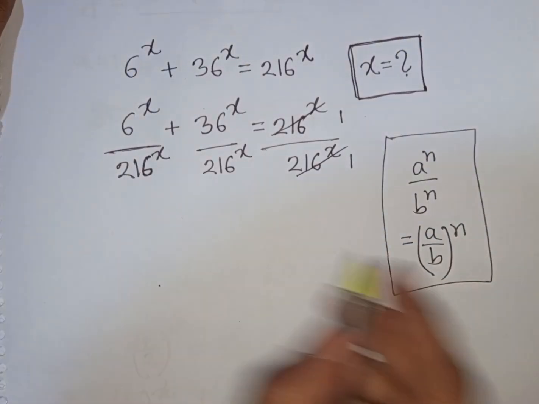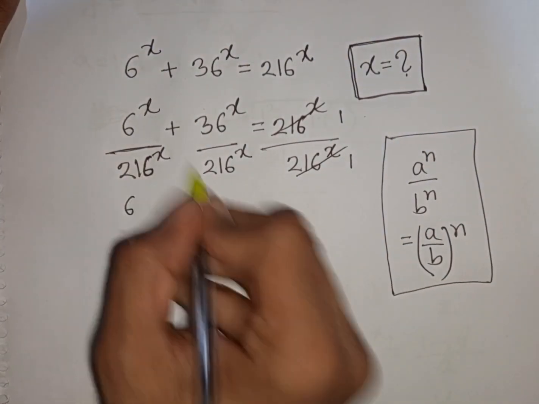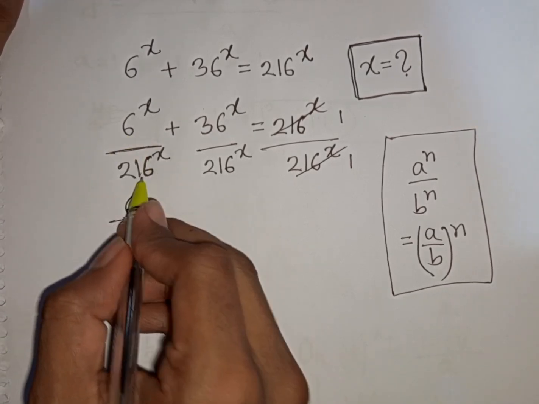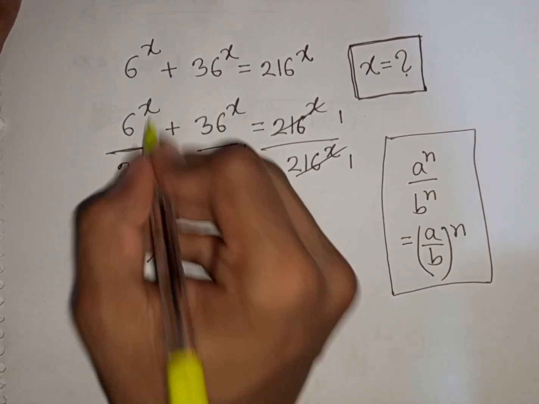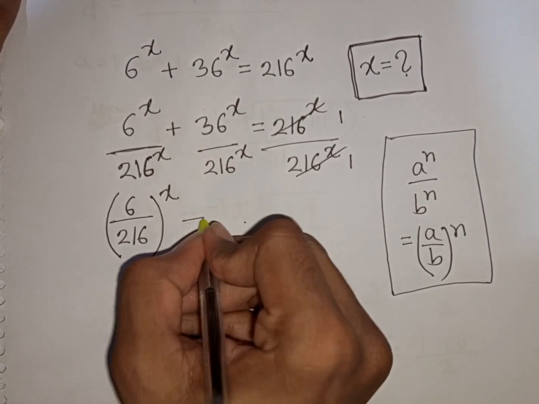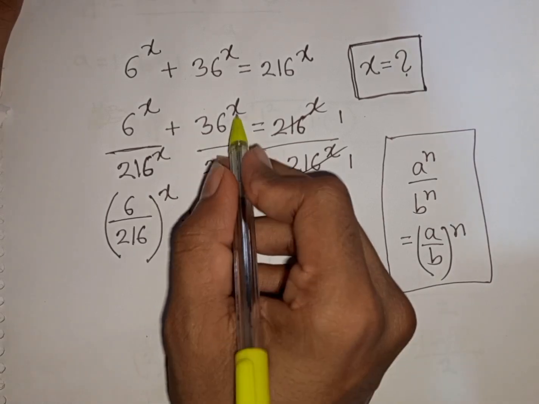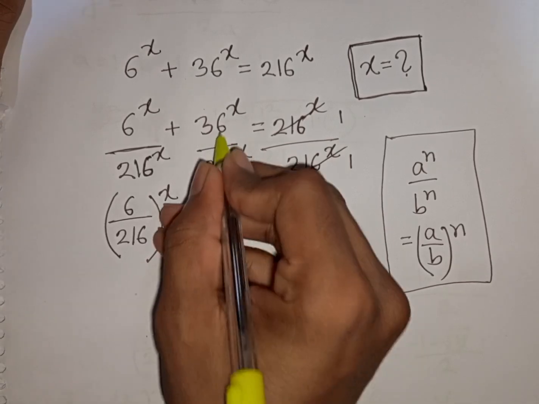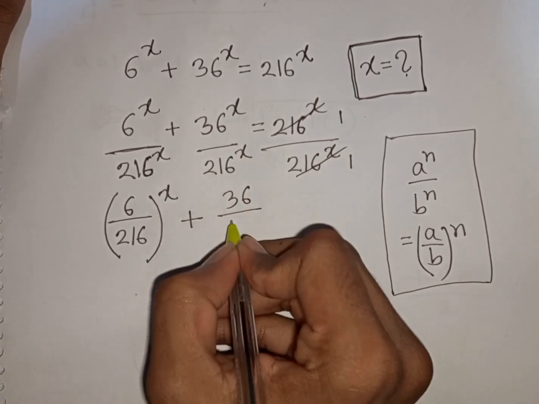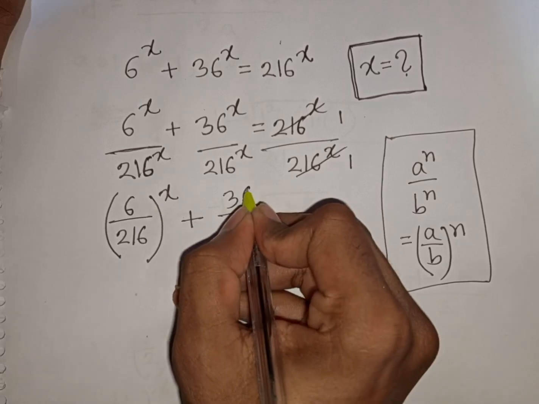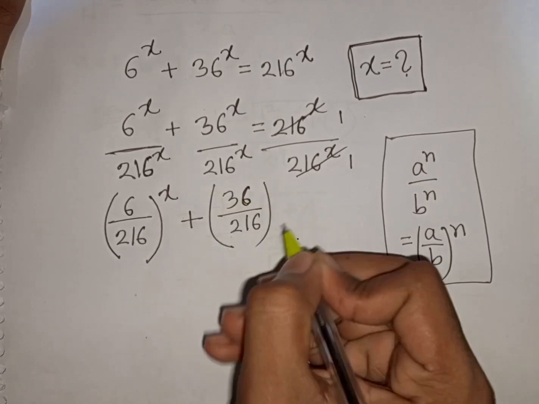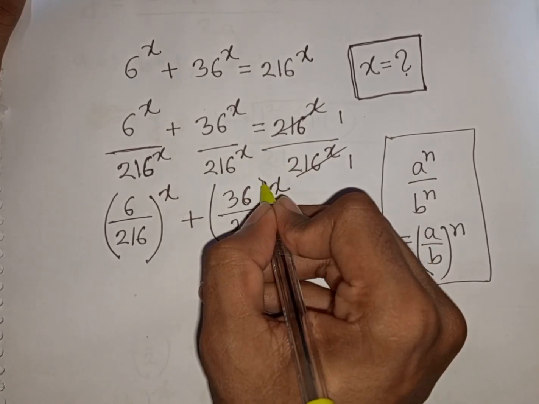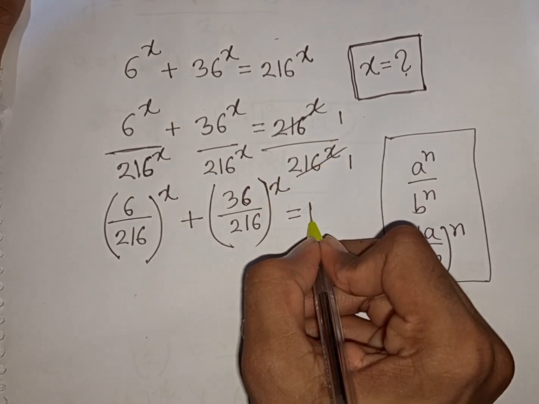So according to this formula we can write 6 over 216, then bracket common power x, plus again x same power but different base, so according to this rule it will be 36 over 216, then bracket common power x is equal to 1 divided by 1, that means 1.